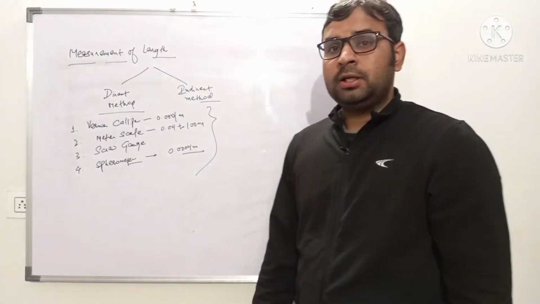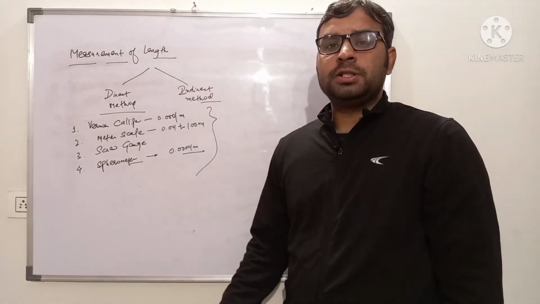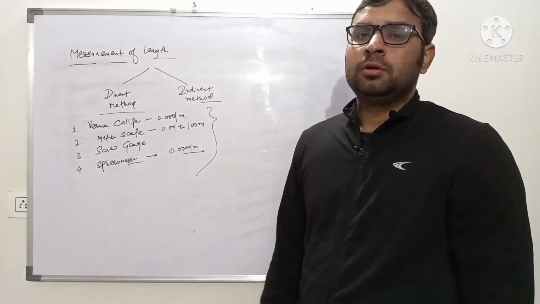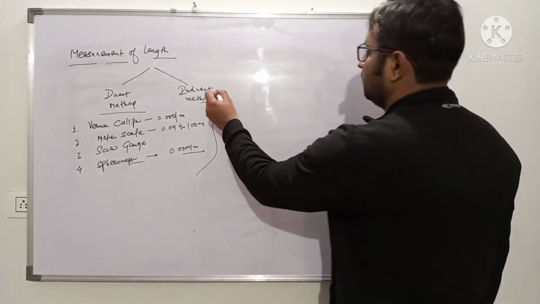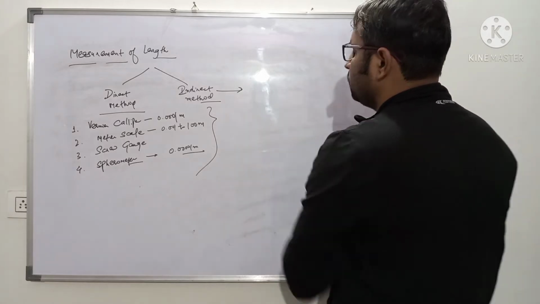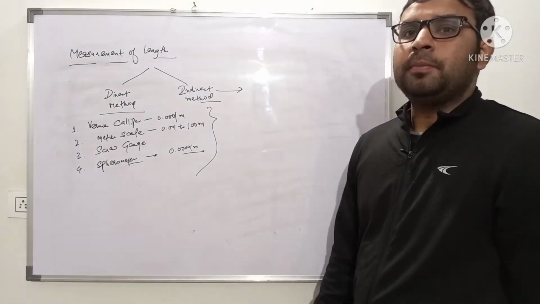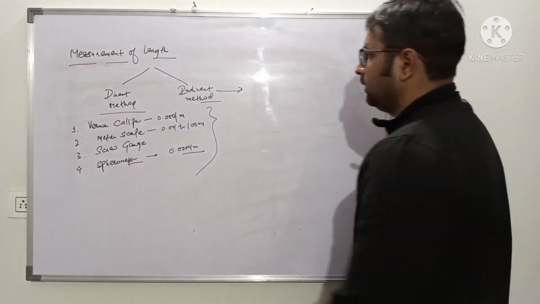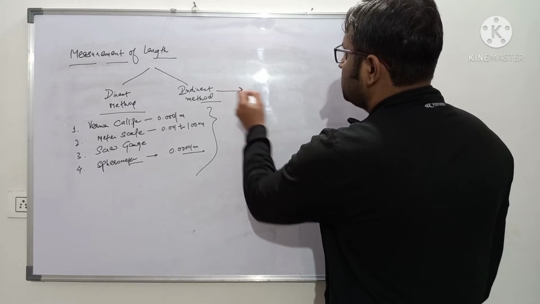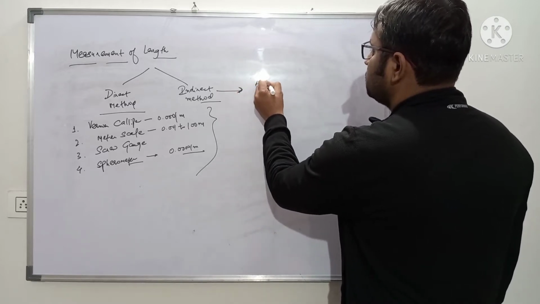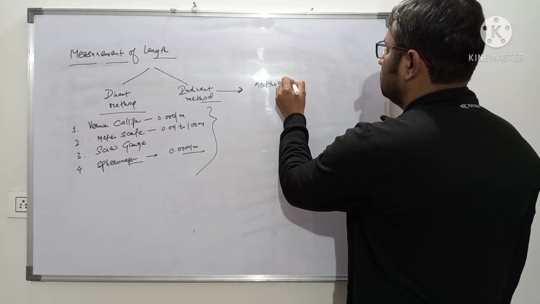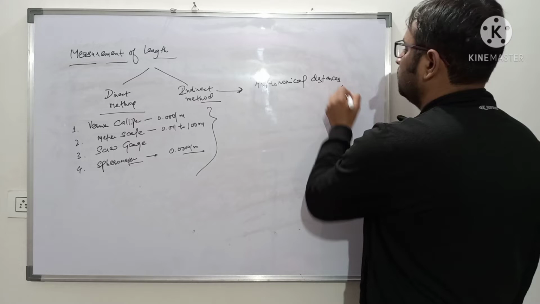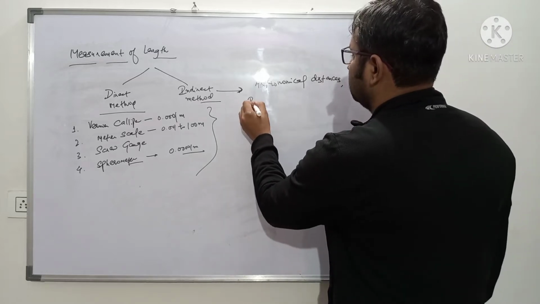Now comes the question: how can you measure the distance from moon to earth, from sun to moon? What about the astronomical distances? We cannot measure those distances with the usage of any instrument, because that is impractical. So to measure large astronomical distances, we use indirect methods.